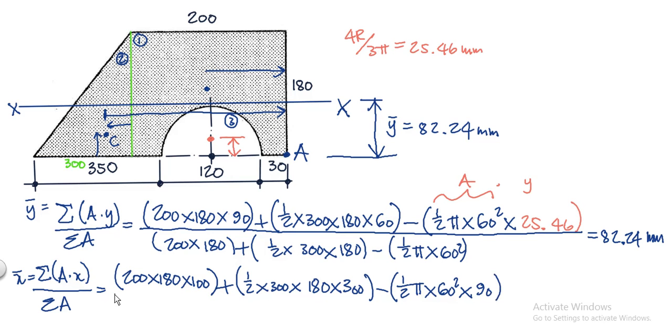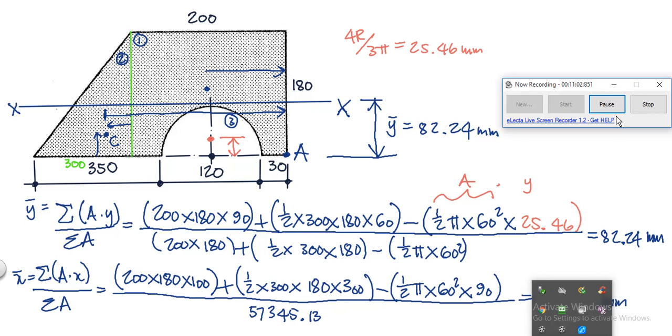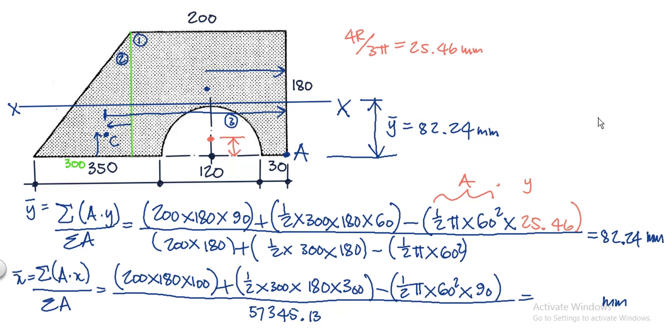Divided by the total area, which I worked out earlier, which is 57345.13. And that's going to give me an answer in millimeters. I'm going to pause it for a second to work out the answer. And the answer I get is 105.15, which you should have gotten too.